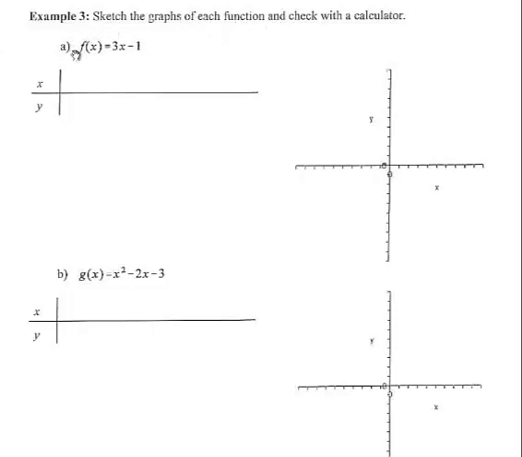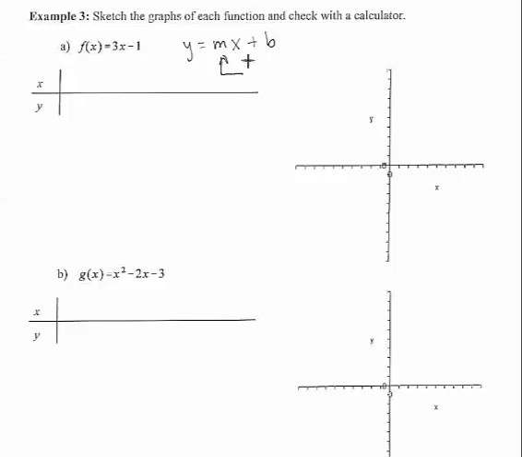Hopefully this first one, f of x equals 3x minus 1, you recognize as being a linear function because it fits this format. I like to use the form y equals mx plus b, just because it was introduced this way in intro algebra.